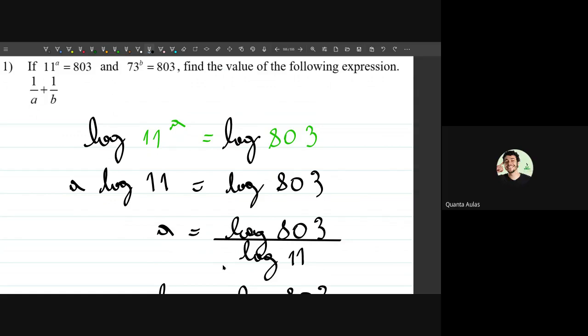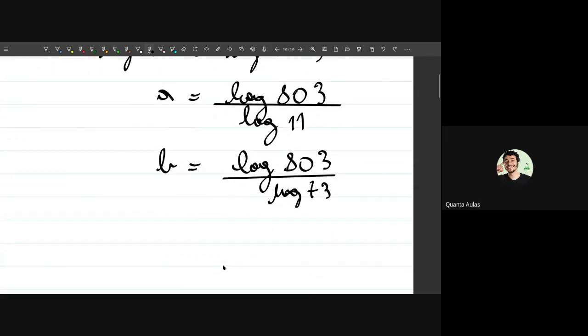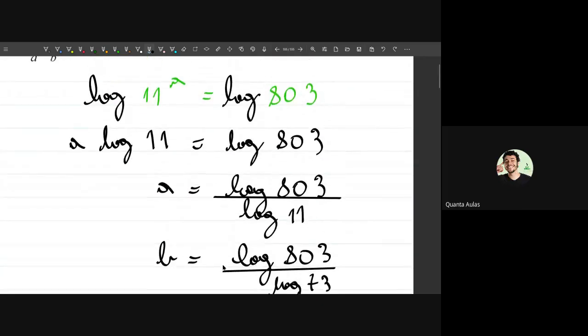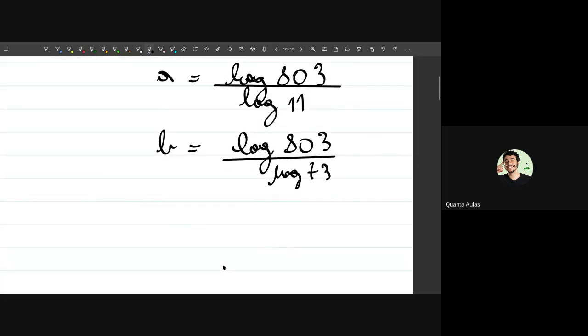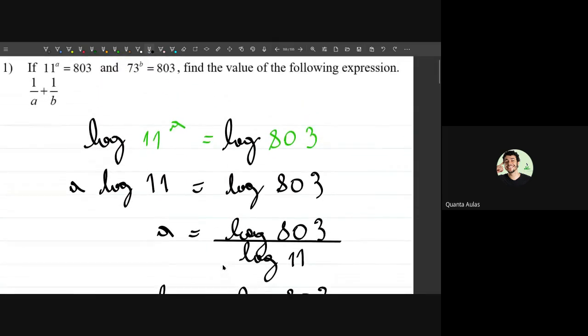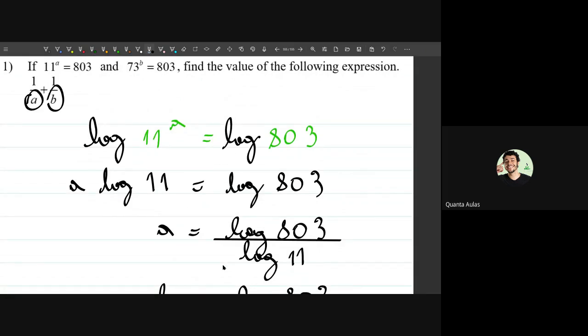Okay, so we have these two expressions for A and B. So we need to sum these values. Okay, pay attention. We have A and B in the denominator of the fraction, right? So I suppose you know the properties of fractions.